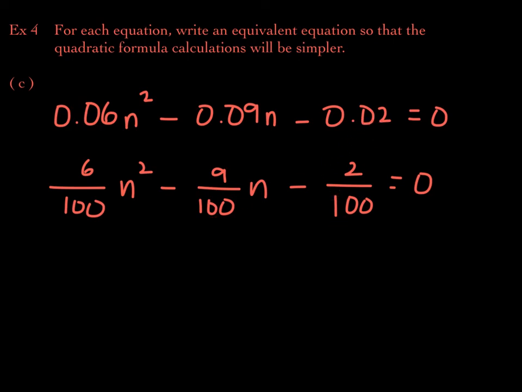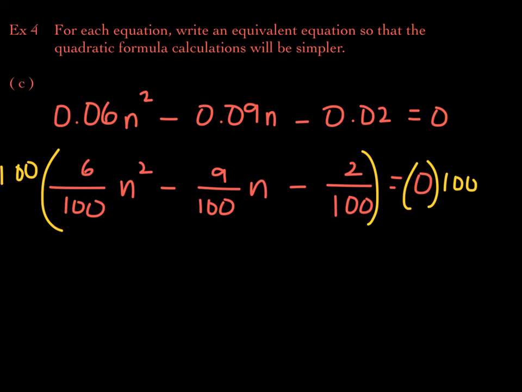So if you write it as fractions, you can see that the LCD is 100. So now I hope you are fully convinced that we need to multiply by 100, okay? When you multiply by 100, notice this 100 cancels with this 100, with that 100, and that 100 with that 100.